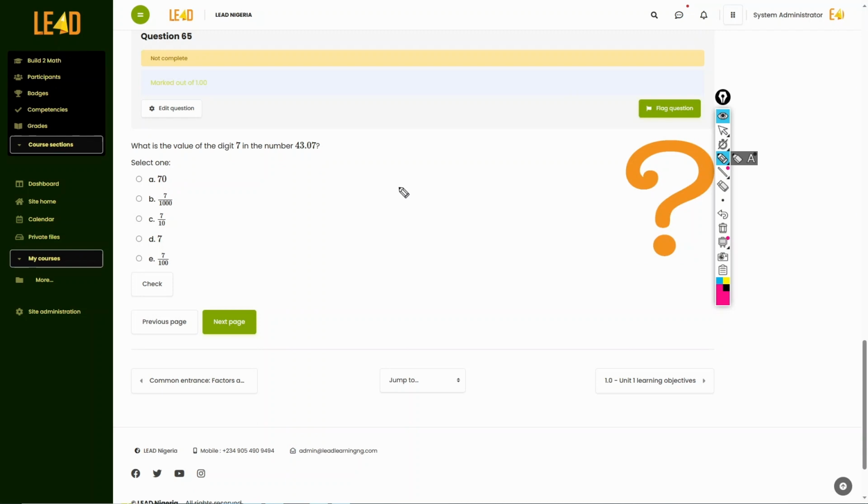65. What's the value of digit 7 in 43.07?